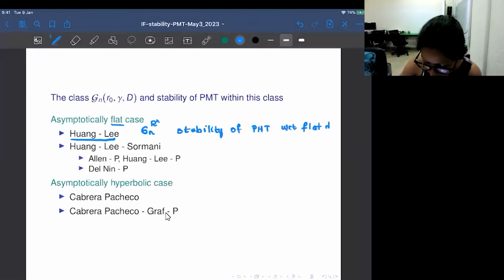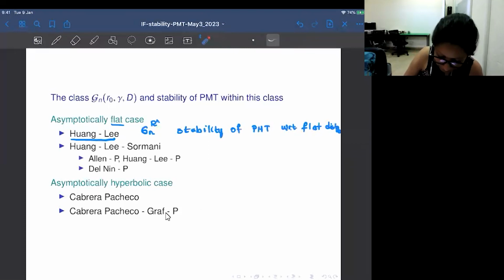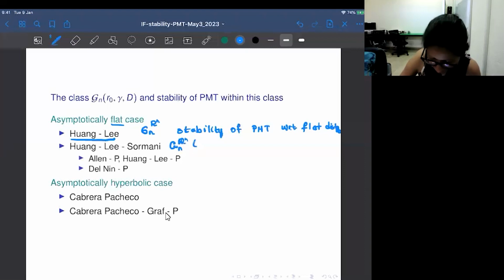And then Christina Sormani came and they restricted this class to a smaller class that I'm going to call GN RN. This also depends on some parameters, R0, gamma, alpha, D. And here they studied stability of the positive mass theorem with respect to intrinsic flat distance.